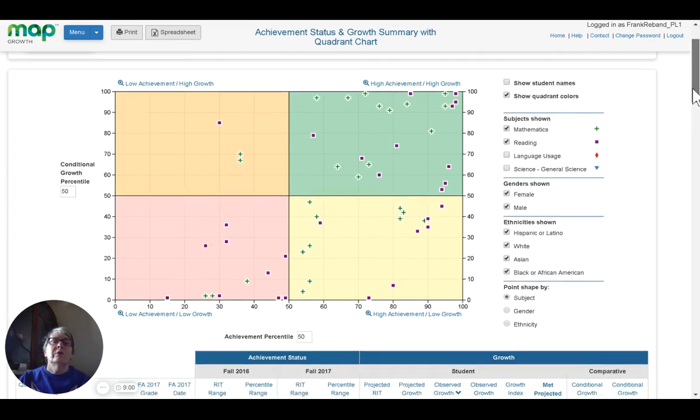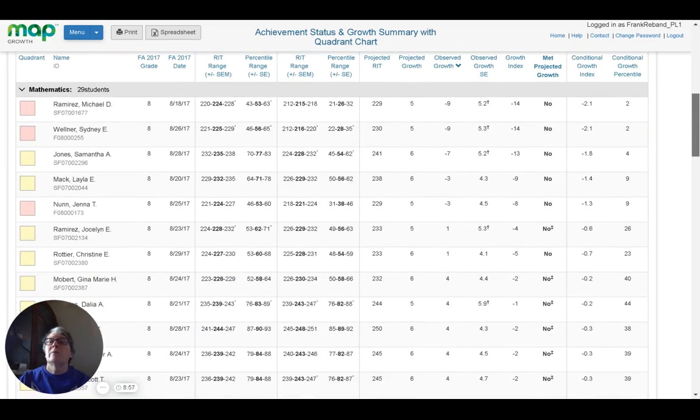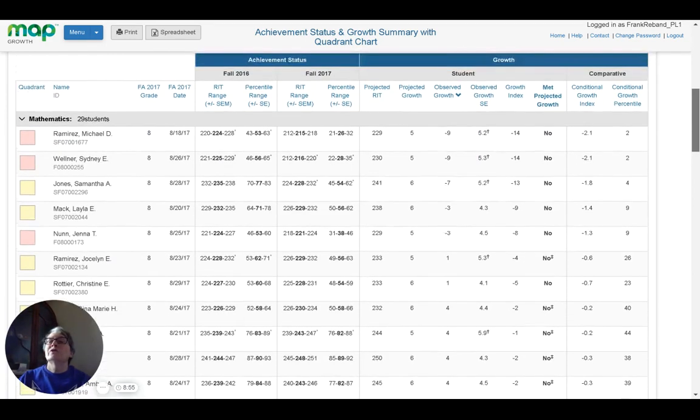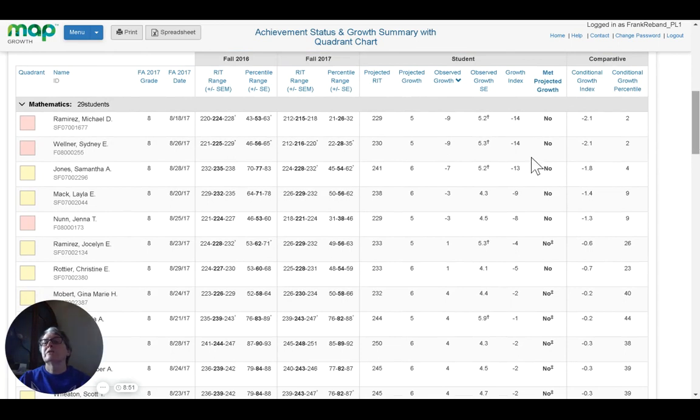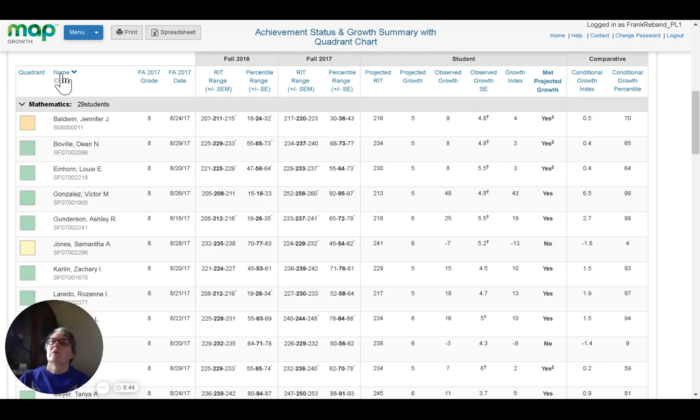I'm going to move down to this table that's below, and it also is interactive, so it's a really nice way to be able to look at things. I'm going to be looking at the information that is given, and right now I've got it sorted by student name, which is what it comes up with as a default, so it's in alpha order by the student's last name, but it also shows the quadrant that the students are in.